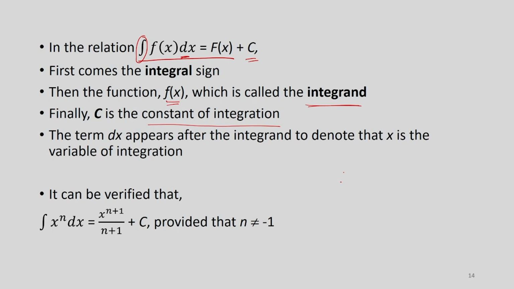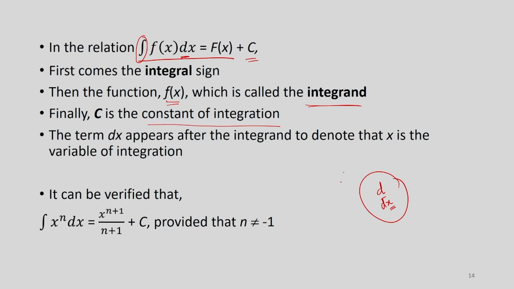It is like the d/dx sign. In the case of differentiation, I use the d/dx sign and write x because the differentiation is taking place with respect to x. Here also, when we do the integration, we have to mention with respect to which variable the integration is taking place. That is why x is the variable of integration.